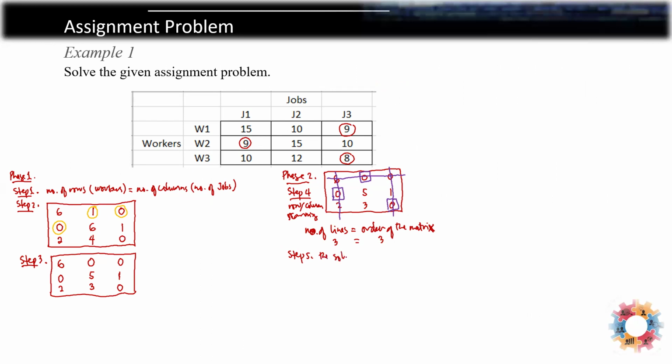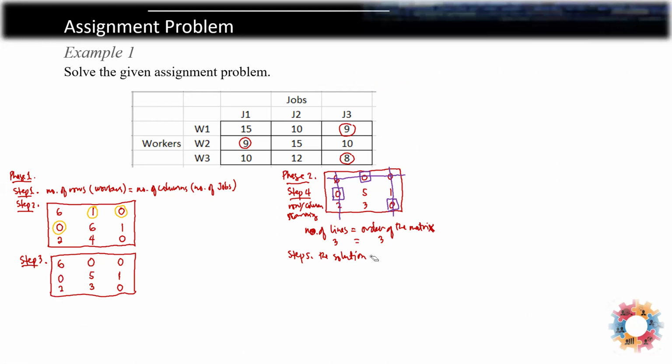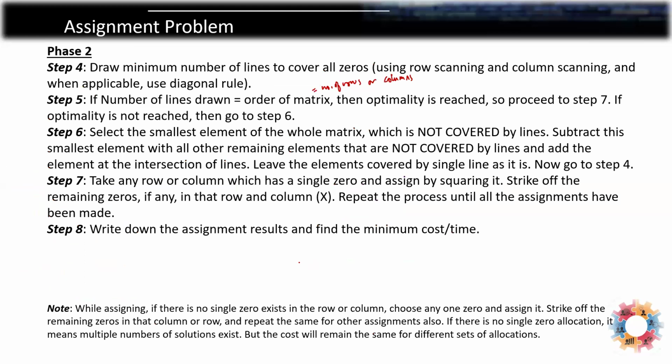The optimal solution is reached. So because optimality is satisfied, according to step number 5, you can proceed to step number 7.